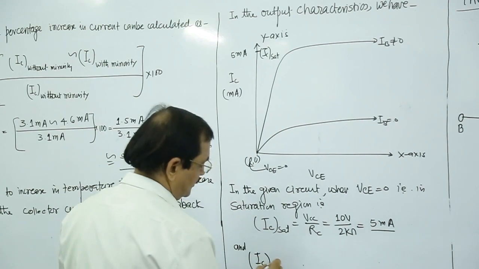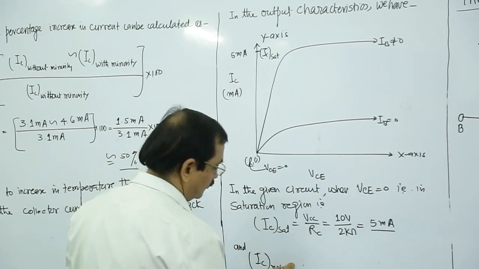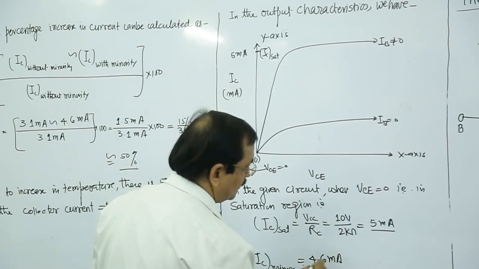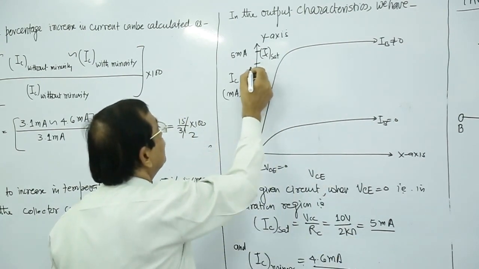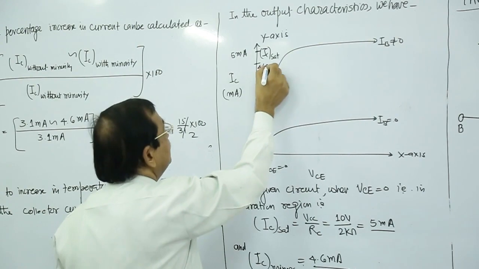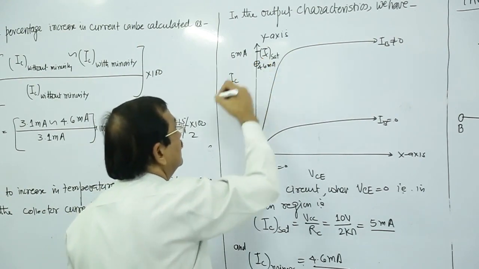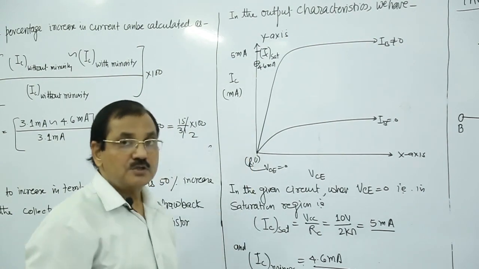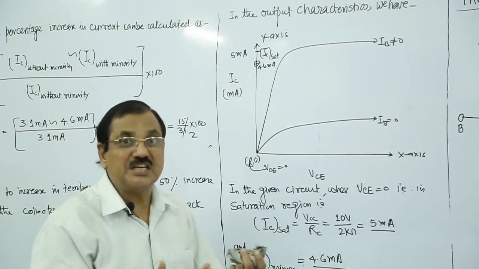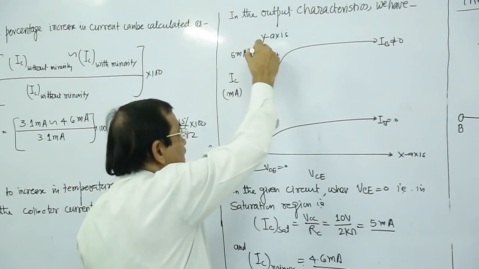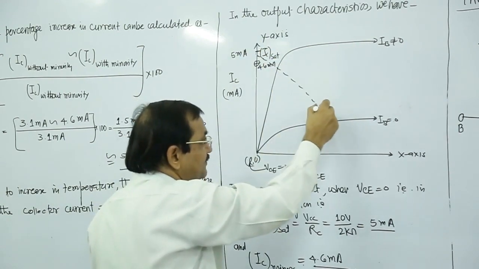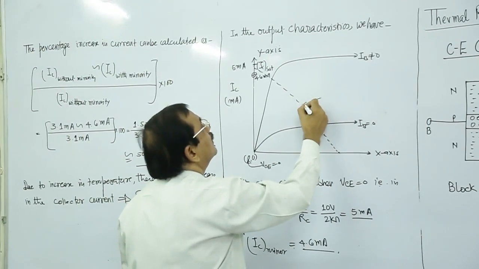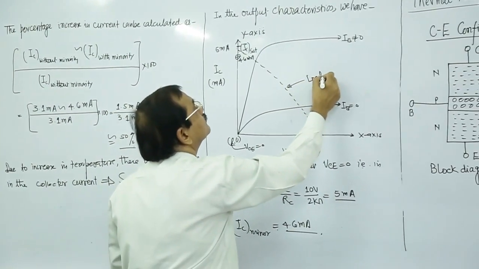And here IC with minority is 4.6 milliampere. So what will change?